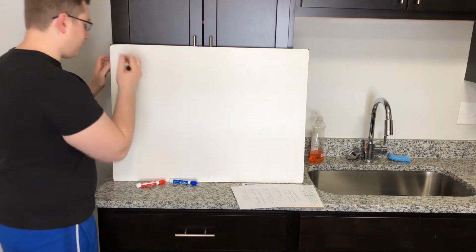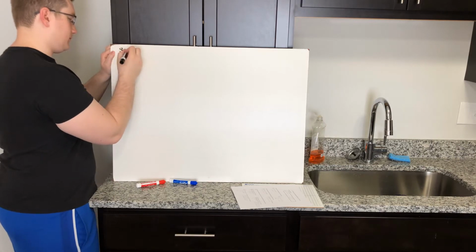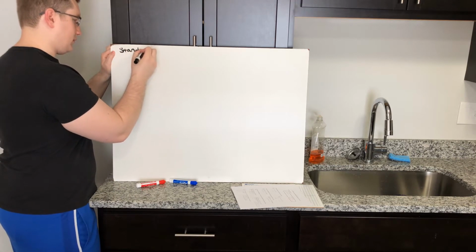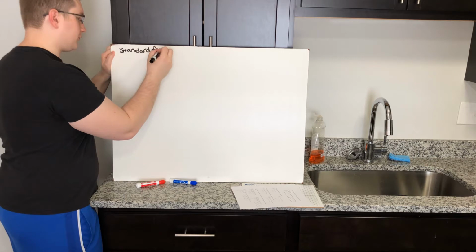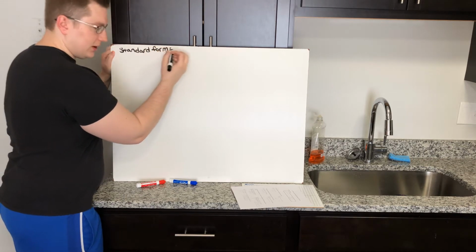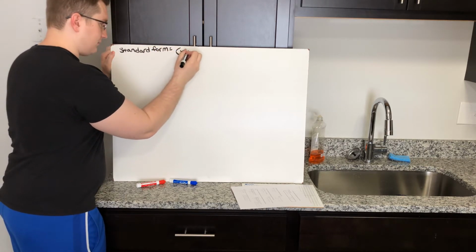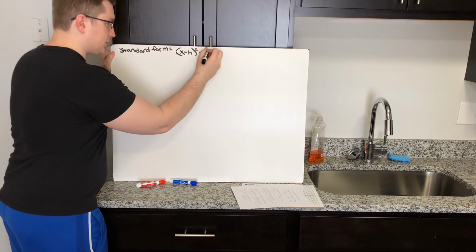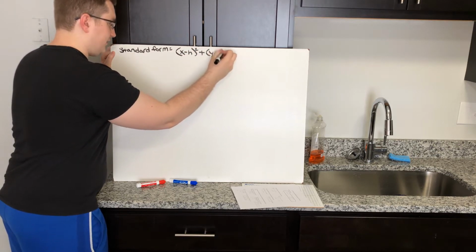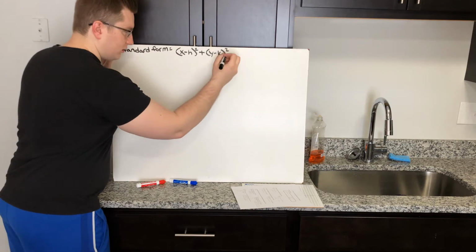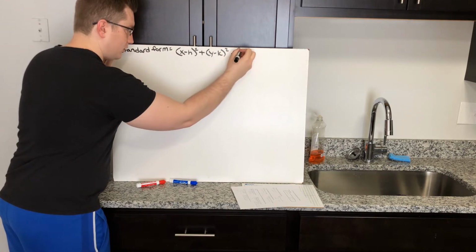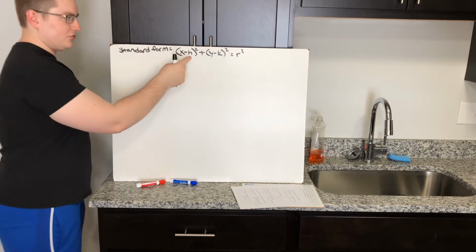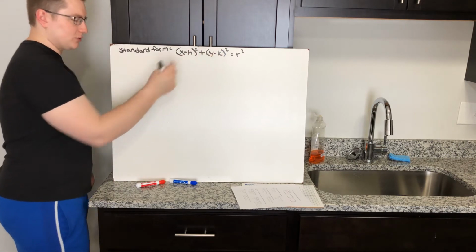So our standard form for circles is (x minus h) squared plus (y minus k) squared is equal to r squared. h goes with the x, k goes with the y.